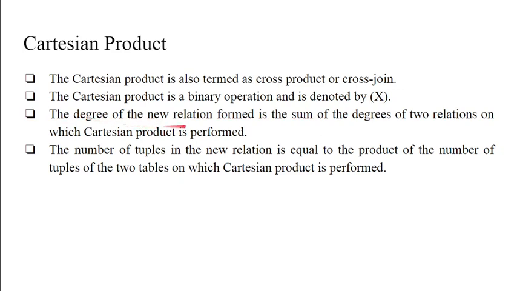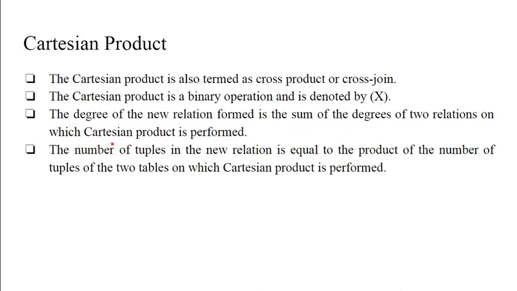The degree of the new relation formed, the degree meaning the number of columns, is the sum of the degrees of the two relations on which the Cartesian product is formed.